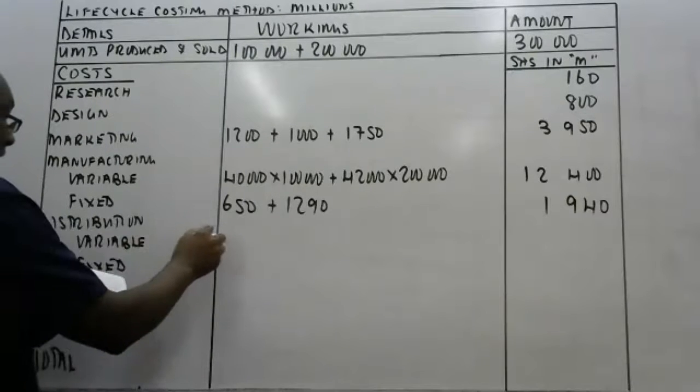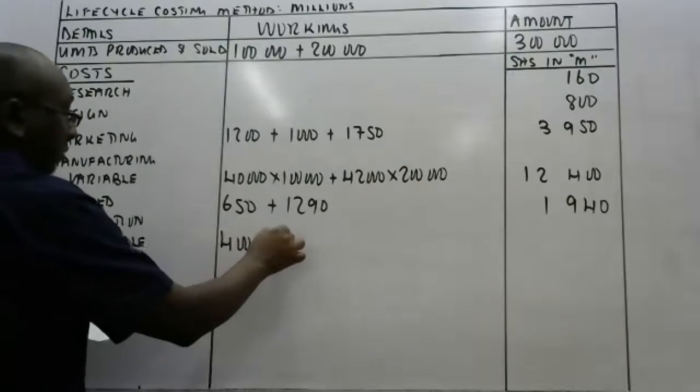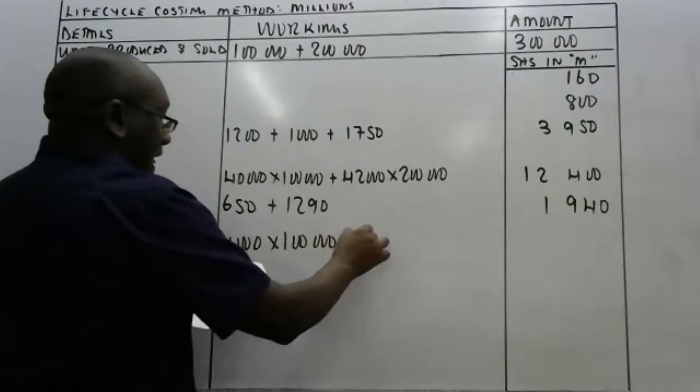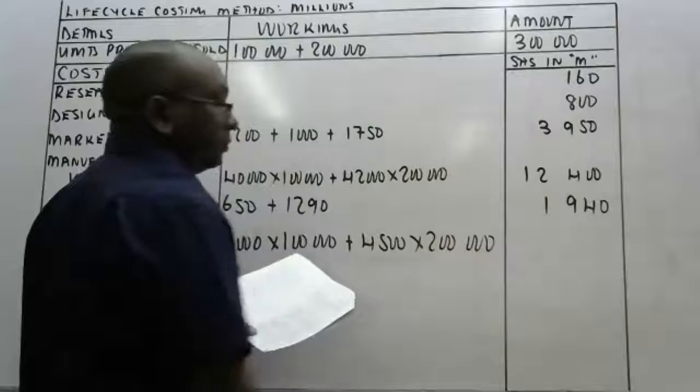Distribution, the variable, I will say 4,000 times 100,000 units plus 4,500 times 200,000 units.